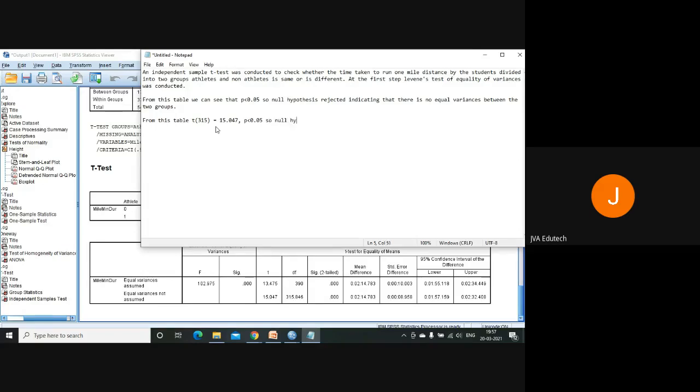So null hypothesis is rejected, which indicates that there exists a significant difference between the athletes and non-athletes who run 1 mile distance.